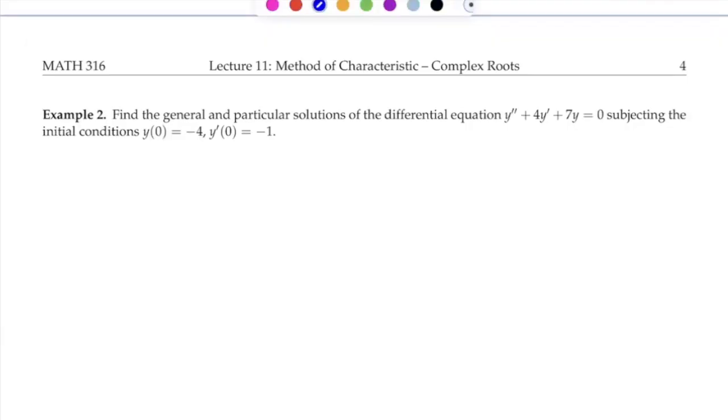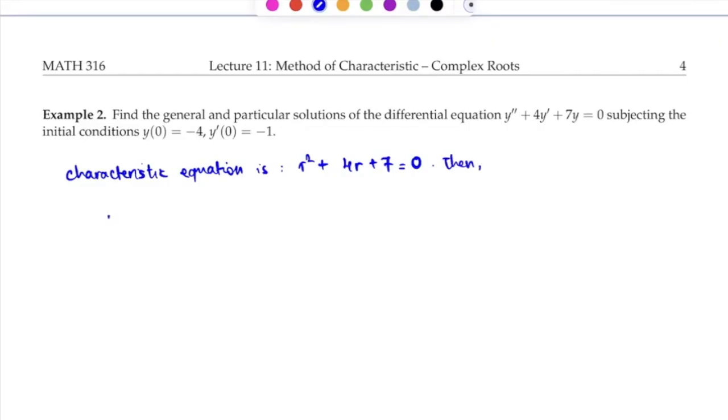So again, the characteristic equation is r squared plus 4r plus 7 equal to 0. If you know how to factor it, you can factor it, but it's not very clear to do the factoring. Therefore, you can use the quadratic formula to find the roots of this equation.